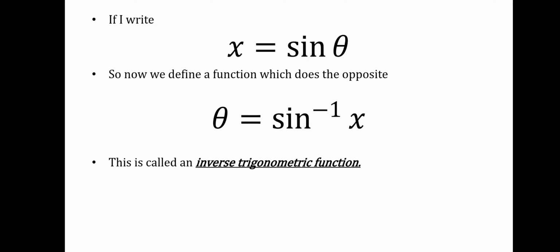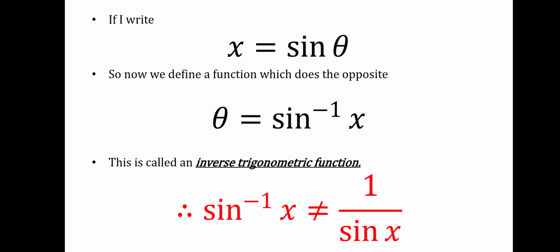In general, with the use of the power -1 in an exponent, we know that anything to the power -1 is 1 by that. So similarly, we can think that sine inverse x can be written as 1 by sine x, but that is definitely not so.